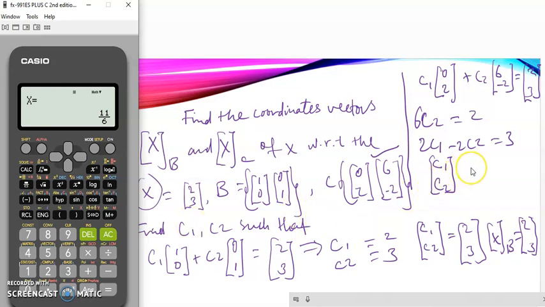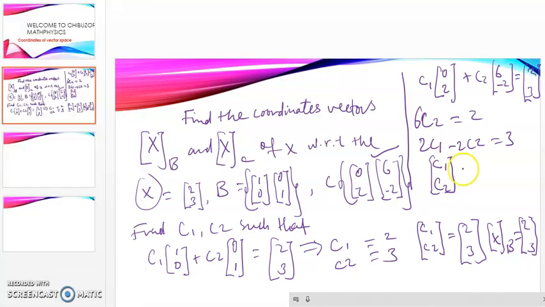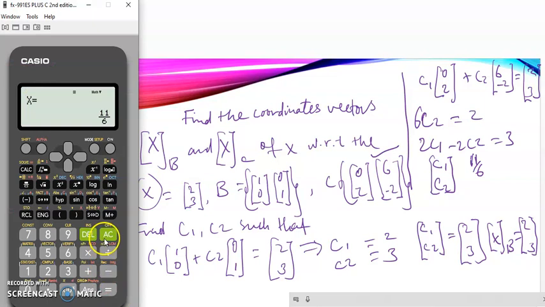So we've got 11 over 6 for c1, and for the value of c2, you will simply have 1 over 3.